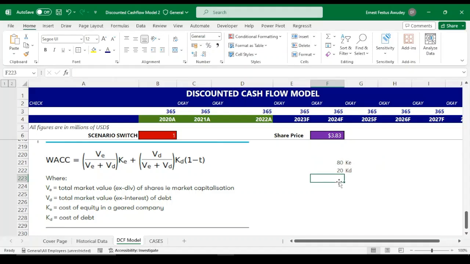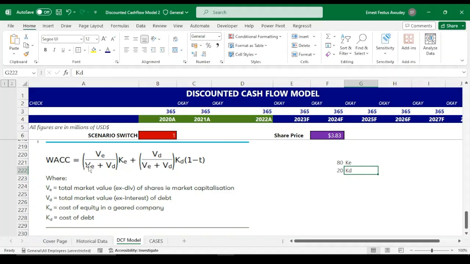So what you're saying is that the WACC is trying to find an average cost that is typical to both the equity and the debt sources of finance for the business. The pool of capital that you are using to finance the business, the cost that is representative of that pool, is what we call the WACC.